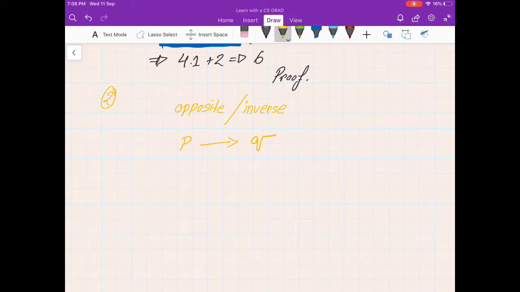This is a statement which we have to prove is true, right? In proof by contradiction, we inverse the statement. So not P implies not Q, and if this is false, this means that the original statement, P implies Q, is true.